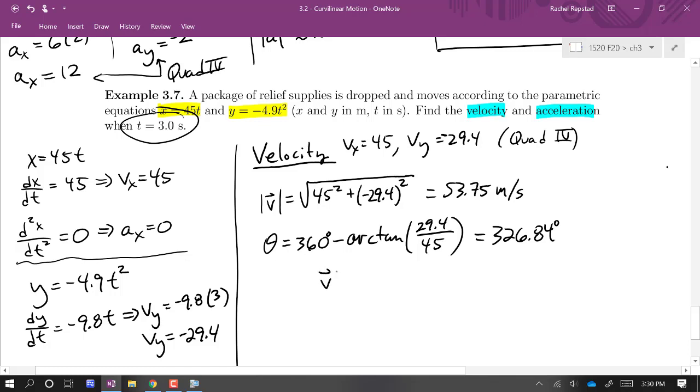So our velocity vector is 53.75 meters per second at an angle of 326.84 degrees.